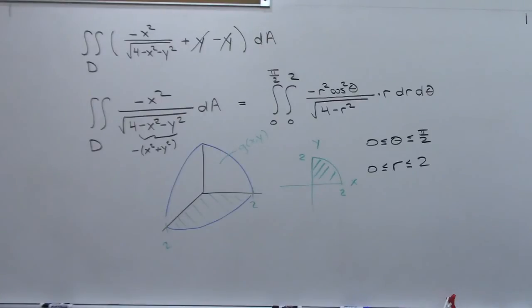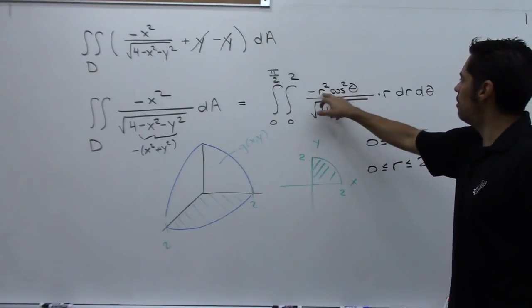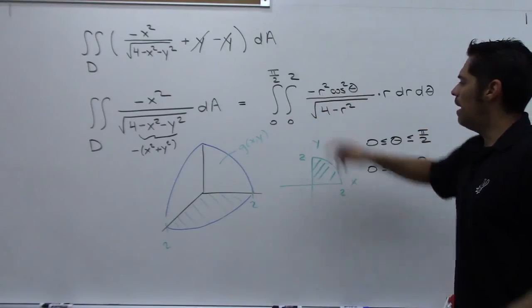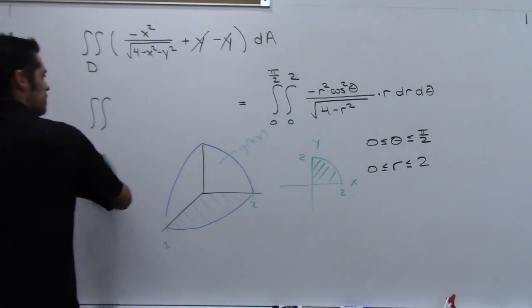And so we can start cleaning this up a little bit. I like the idea here of, let's put this here with this r, and well, let me write it down, then maybe you'll see what to do from there.